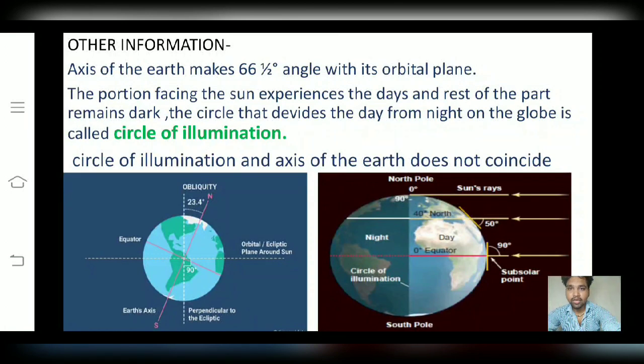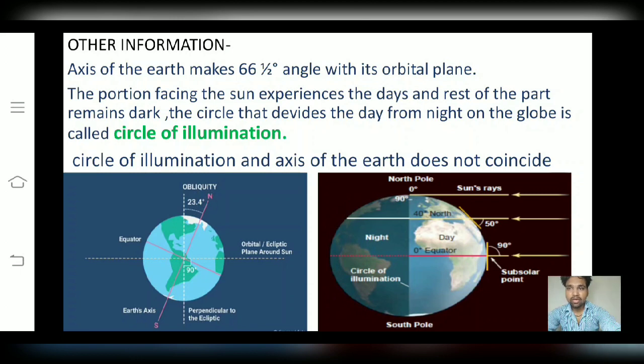So friends, here we will discuss another piece of information regarding the earth. Here we know that earth makes 23.5 degree of angle with its axis. So here what we will discuss is that the earth makes 66.5 degree of angle with its orbital plane.